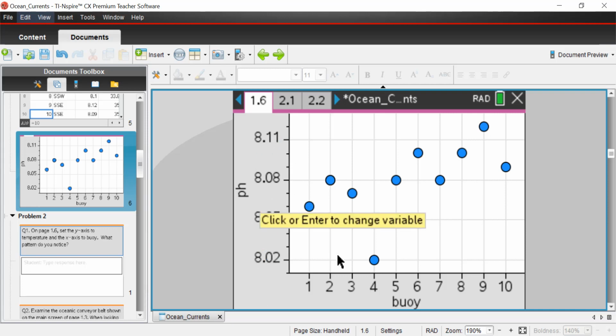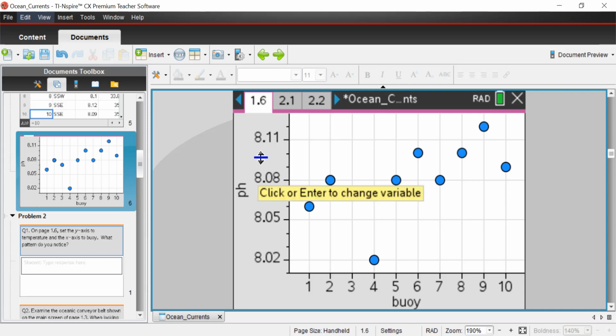What's interesting, and this doesn't relate to the question necessarily, is that the ocean water is slightly basic. Neutral, pure water has a pH of 7. Here we see that ocean water, in the Indian Ocean anyway, is slightly basic. Anything basic is a pH above 7, and anything acidic is below 7.